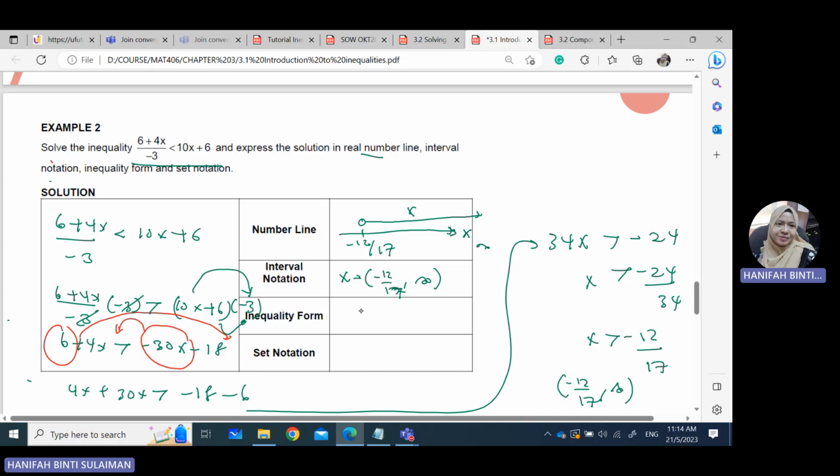So, inequality form is x greater than negative 12 over 17. In the set notation, dalam bentuk set, so x, what is x? X is a real number. Ni masuk element lah. So, x is element of real number such that x is greater than negative 12 over 17, and then close curly bracket. So, this one in a set notation. Okay.